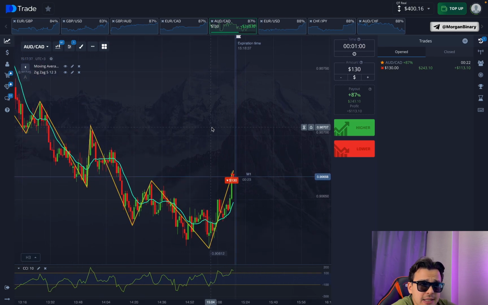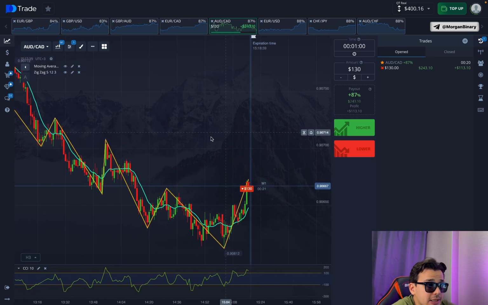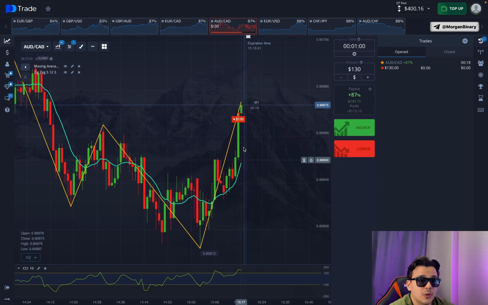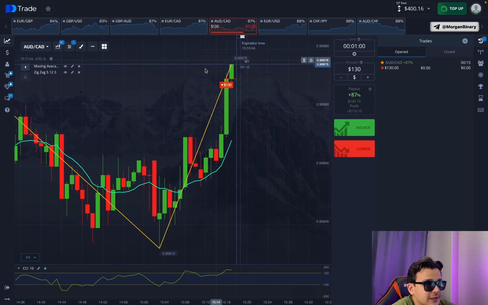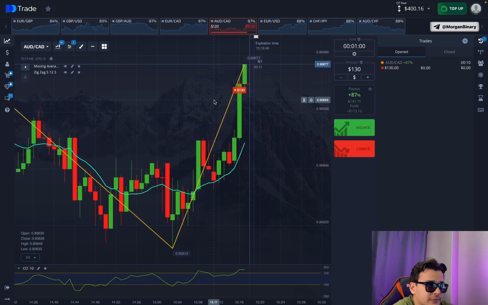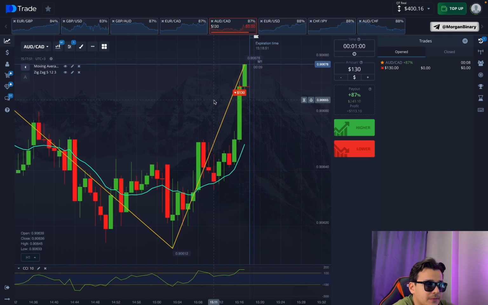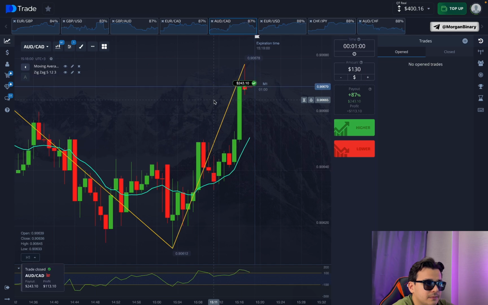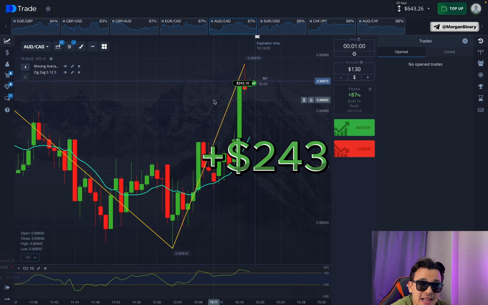Let's see the result of this trade. Now the price is jumping around a lot and I'm probably going to close the trade in the negative. And the trade closed in the plus side.